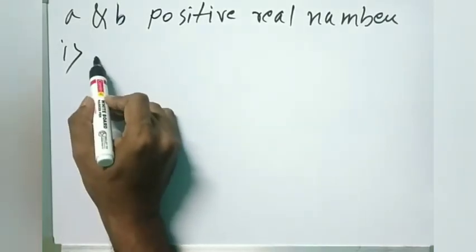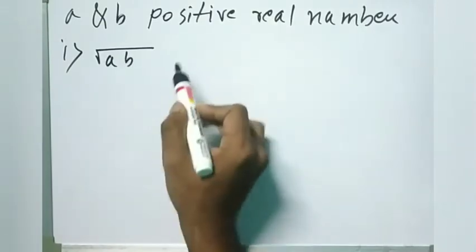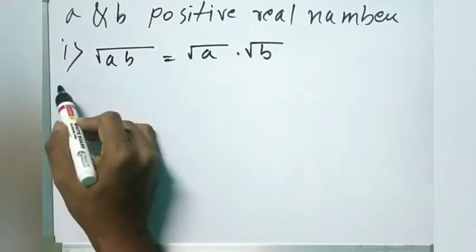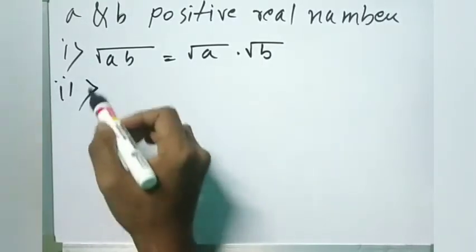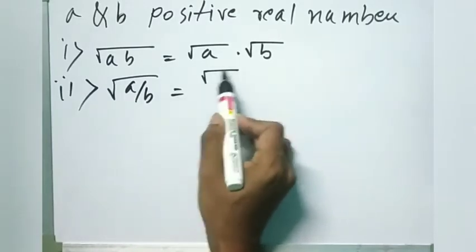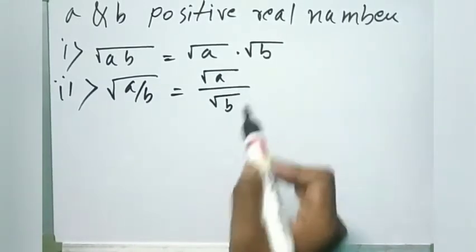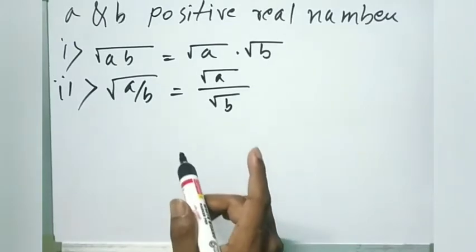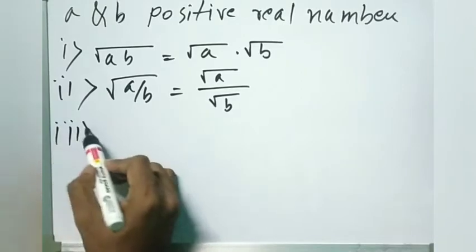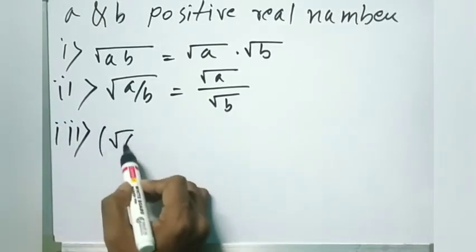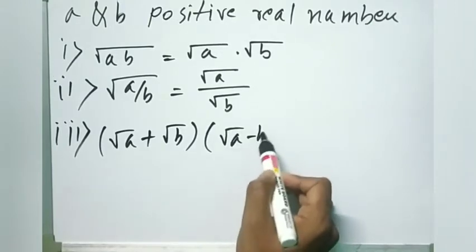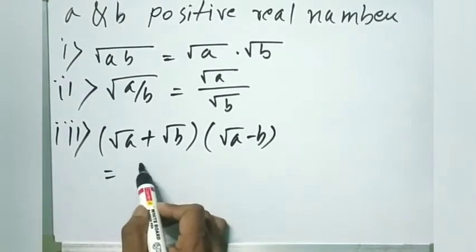So we can write: one, root over ab equals root a into root b. Two, root over a by b, we can write as root a by root b. You have to remember, please listen to this lecture carefully. Third one, root a plus root b and root a minus root b equal to a minus b.